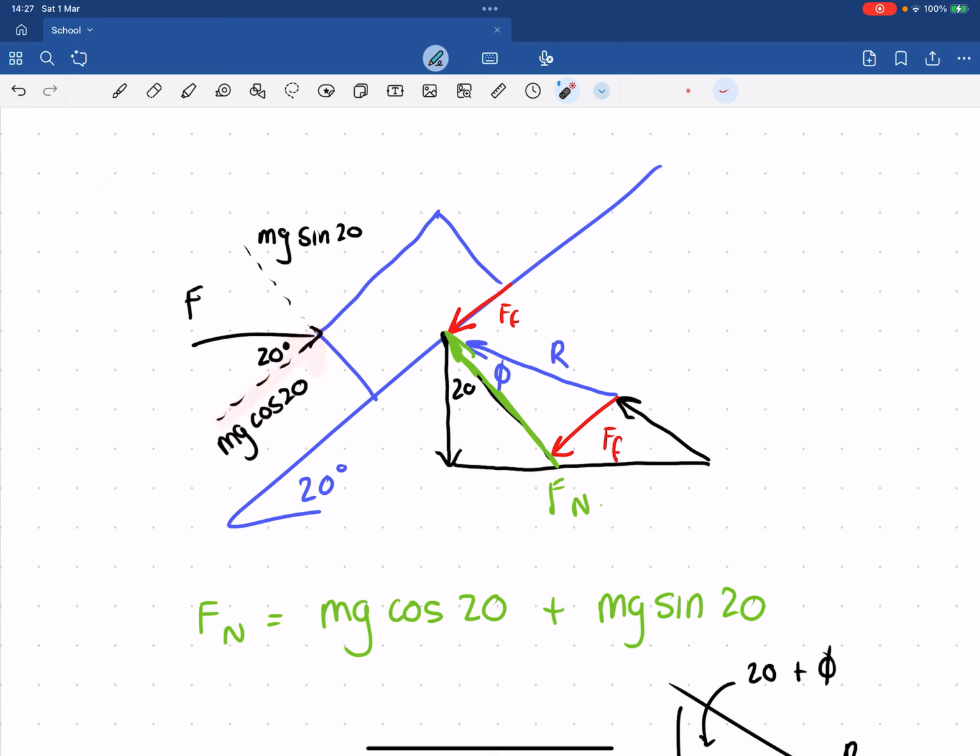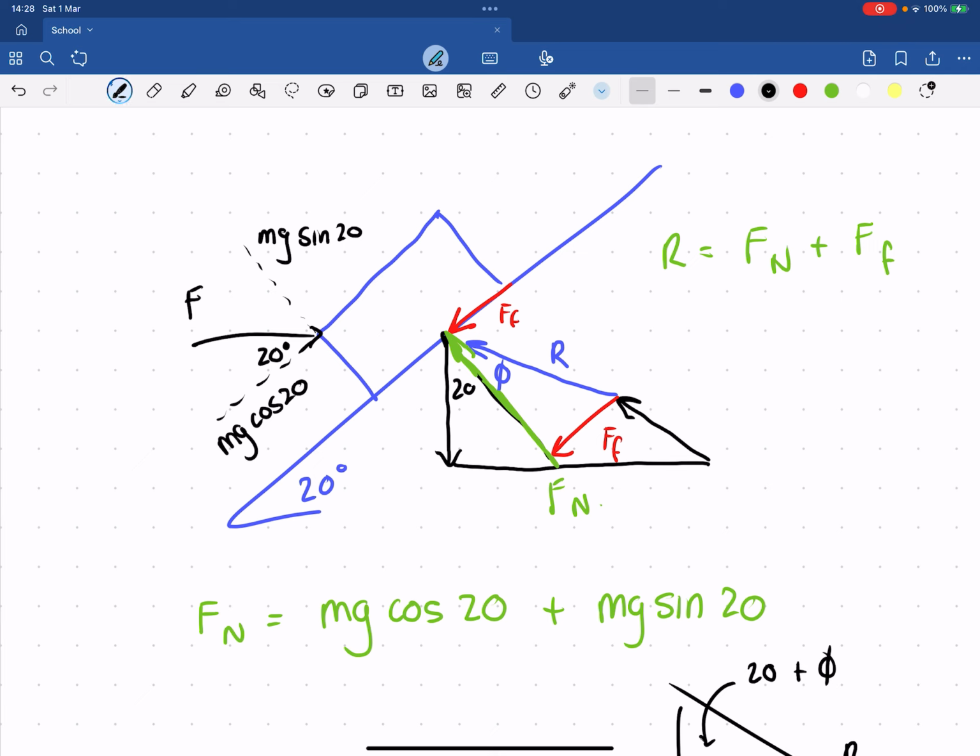Now the reason I've said that is because this force along here will be the exact length, because the reaction force in the angle of repose, this reaction force here, is defined to be the addition of the normal force and the frictional force.